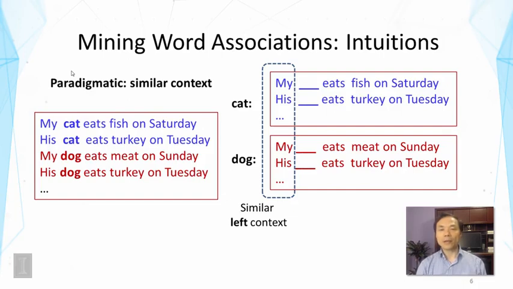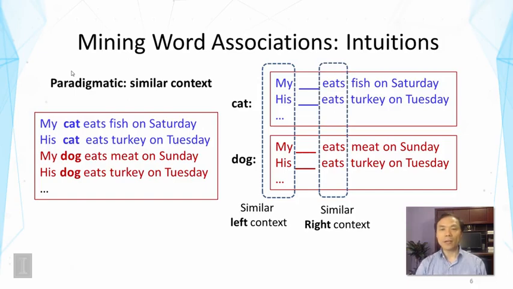We can call this left context. What words occur before we see cat or dog? So you can see in this case, clearly dog and cat have similar left context. You generally say his cat or my cat, and you say also my dog and his dog. So that makes them similar in the left context.